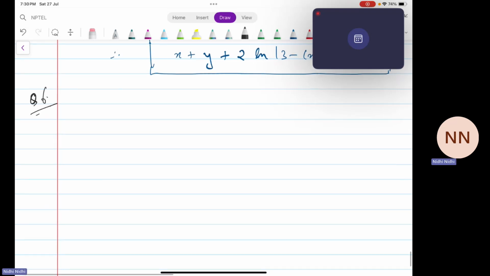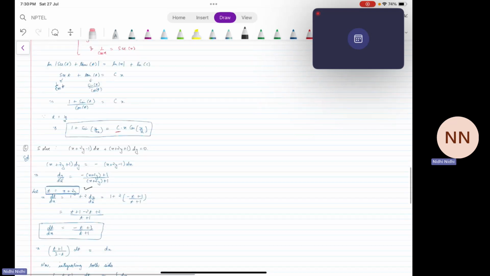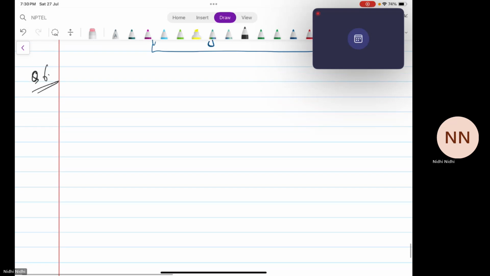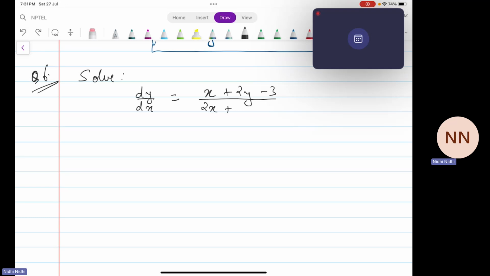Question 6. Solve dy by dx equal to (x plus 2y minus 3) by (2x plus y minus 3).